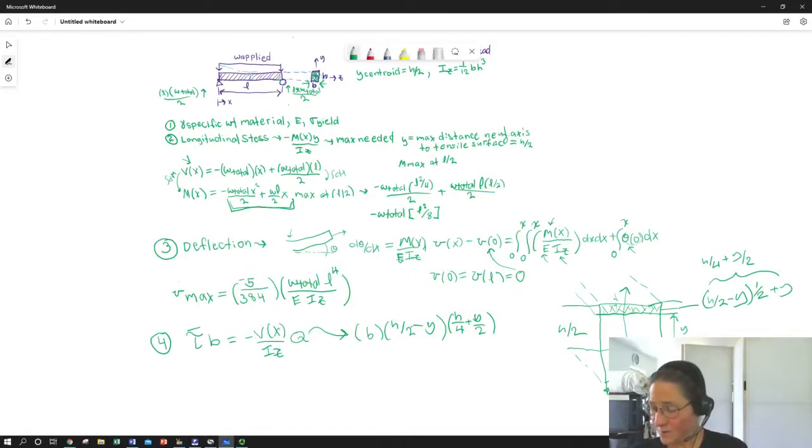So if you multiply all of that out, you get b times h squared over 8 minus y squared over 2, so tau average shear times the width of the surface over which it's applied.